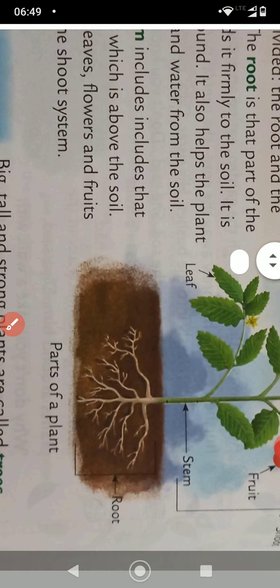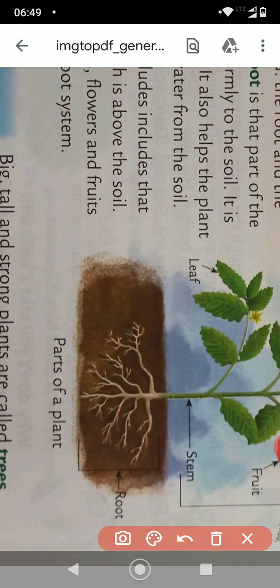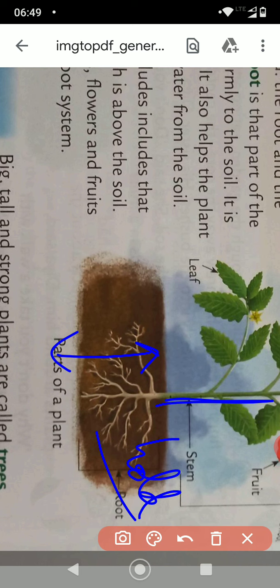So you can see here is the root system. This is the root system holding the plant. This is holding the whole plant to stand erect. So it is holding the plant firmly. This is a very important phrase: holding the plant firmly.